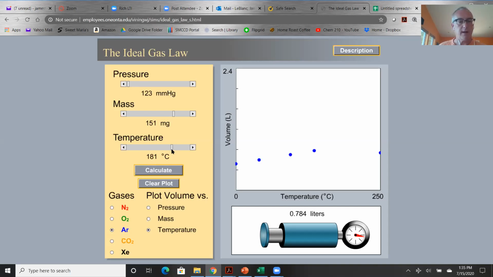At 181, I've got, oh, calculate again. 0.870. 216, I've got 0.937. Then at 250, I got exactly 1.